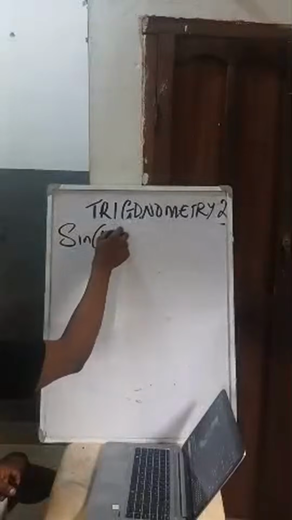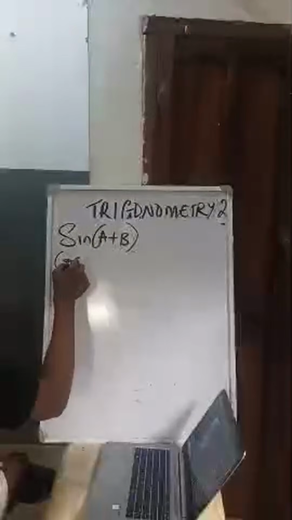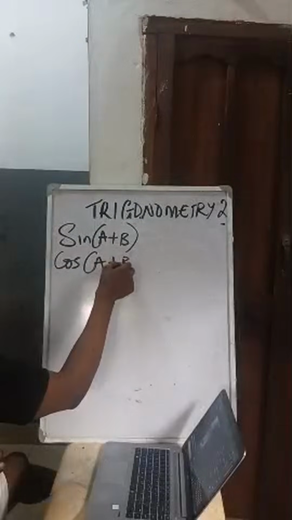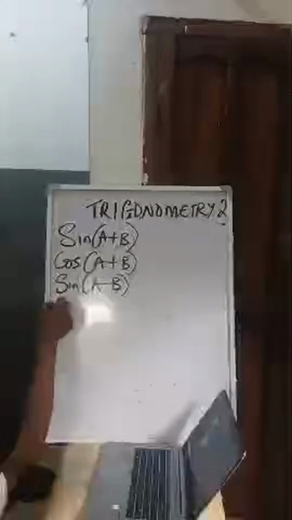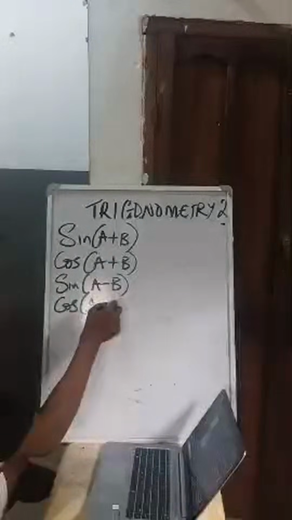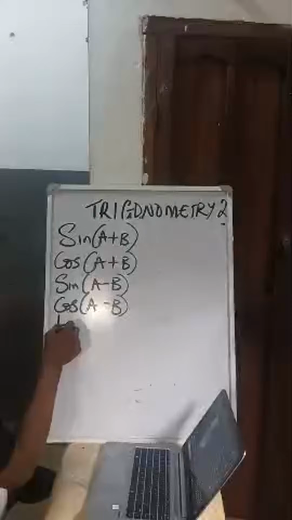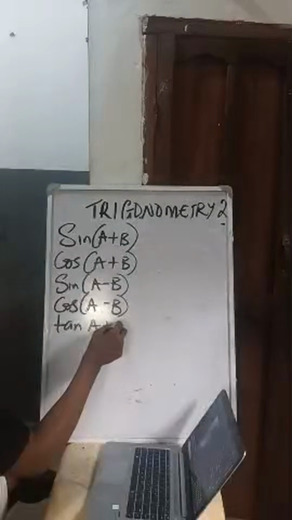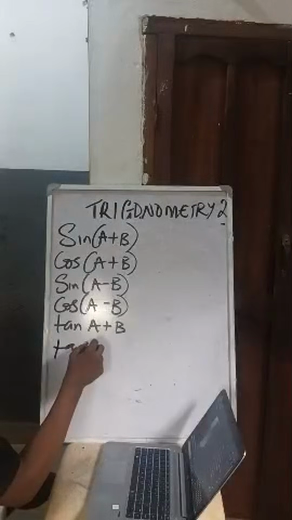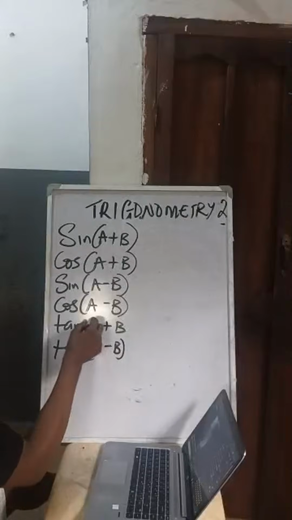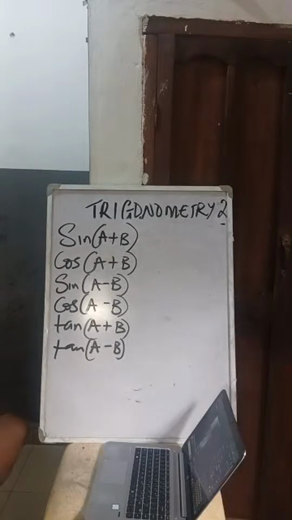We have what we call sine A plus B, cos A plus B, sine A minus B, cos A minus B. So we go again.